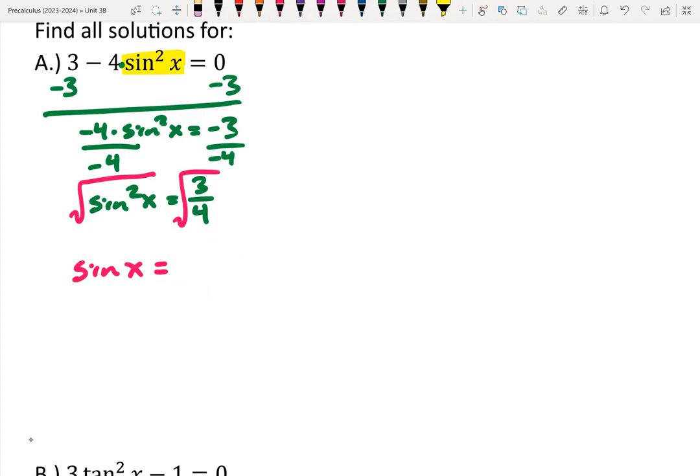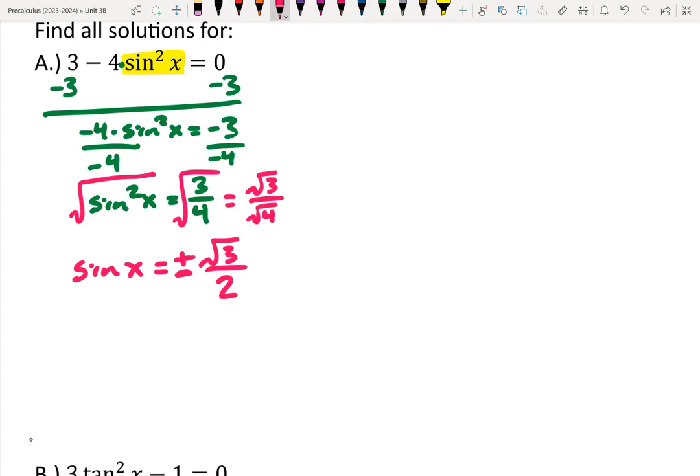Plus or minus. Often so many people forget the plus or minus. So please, I'm telling you right now, don't forget it. When we square root a fraction, we square root the numerator and the denominator. Now I can't do the square root of 3, so that's still square root of 3, but what is the square root of 4? Does that look like something from our unit circle?